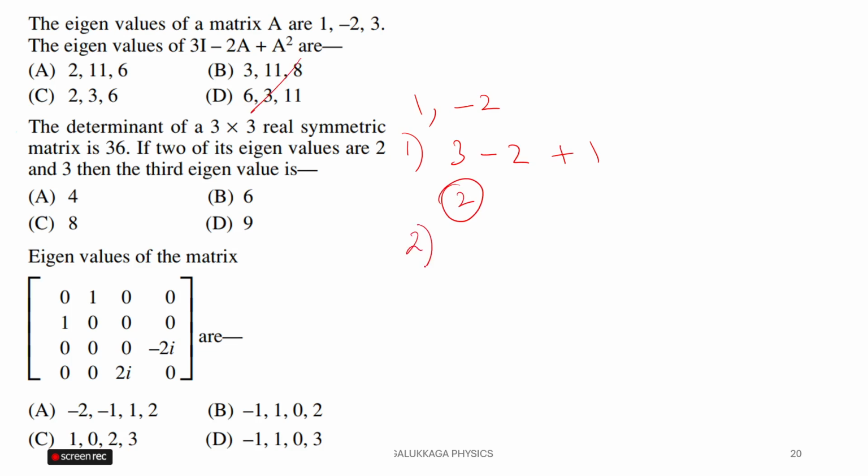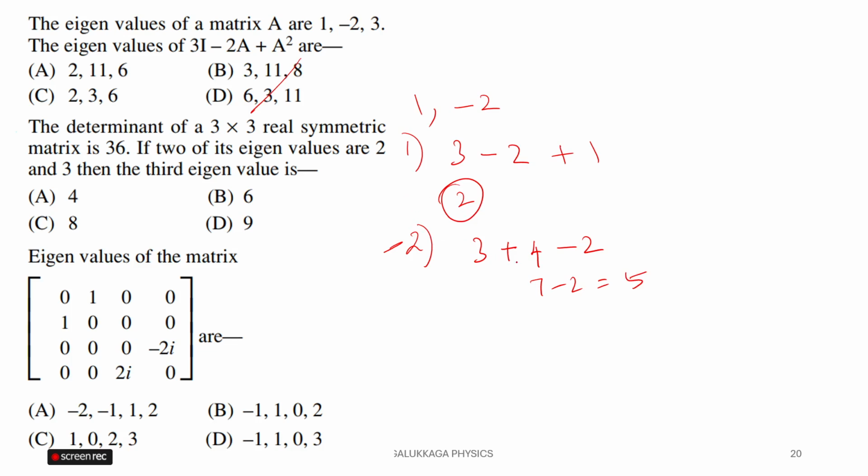So for eigenvalue minus 2, let's find the eigenvalue. So 3 minus 2 into minus 2, so plus 4, plus minus 2 squared... let me check, I think I made a mistake.